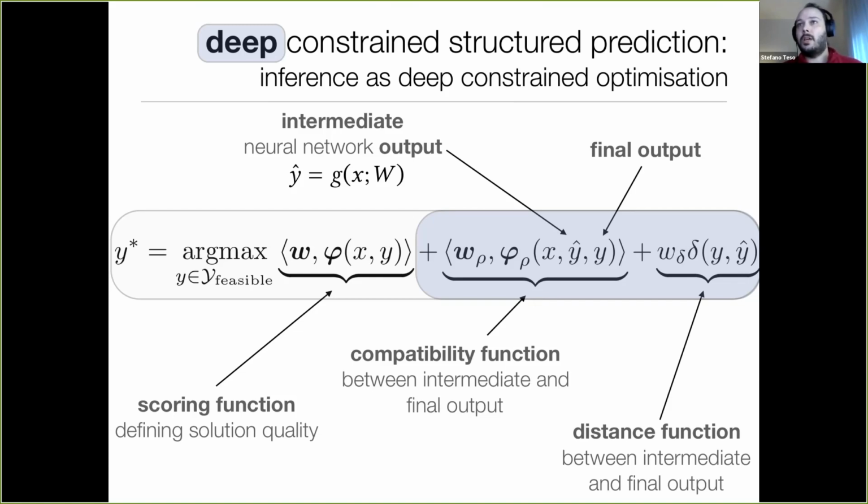This is the second term. So the two should look alike according to some weights that have been learned. And there is also a distance function that enables one to say, okay, look, the output should be at least this different from the input. So again, the idea is we take a raw input given by a neural network and refine it to make it more compatible with given constraints using structured output prediction.